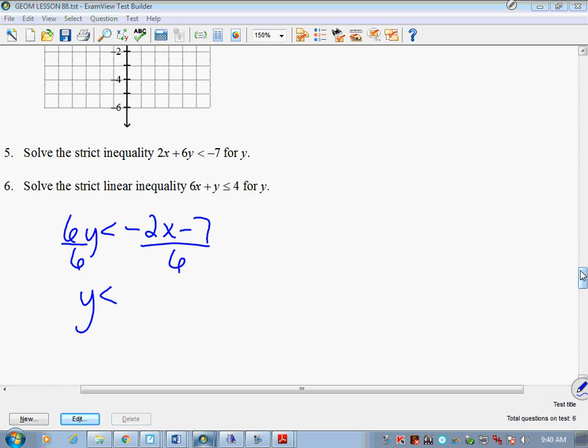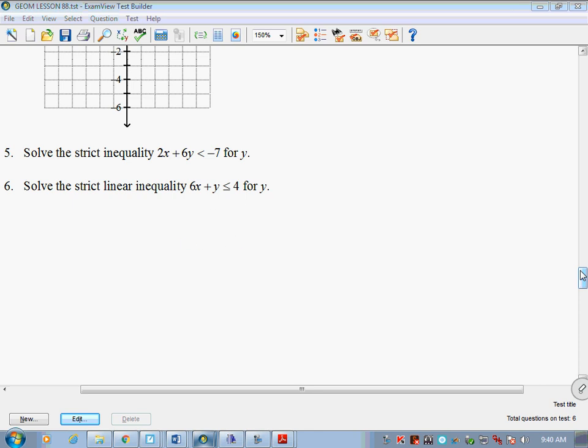So we should get y is less than negative 1/3 x minus 7/6. That's our answer right there. So I want to ask myself, did I divide by a negative? Did I multiply by a negative? Okay.